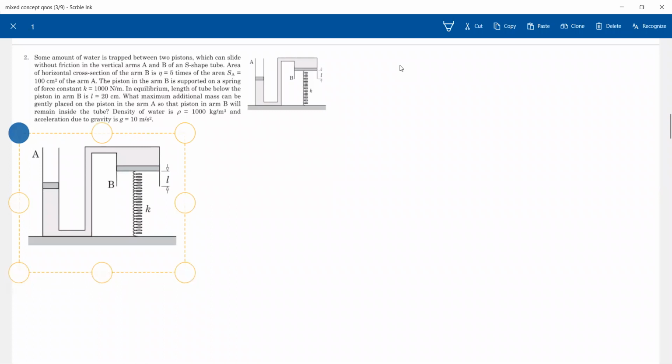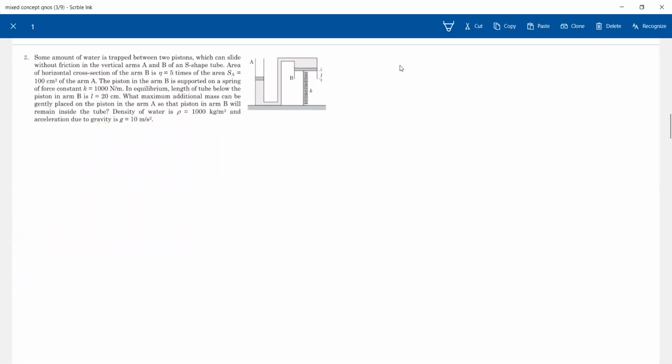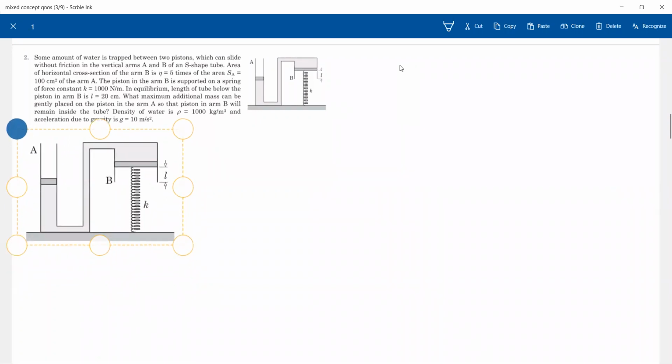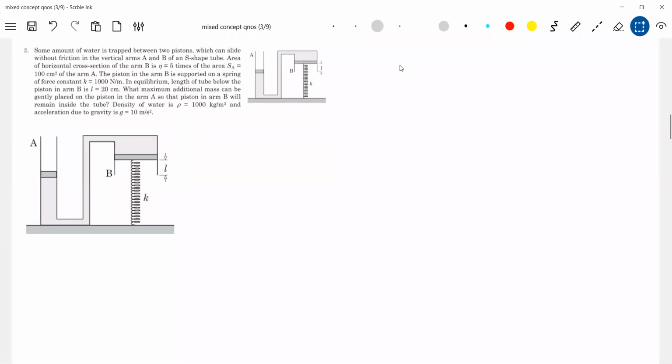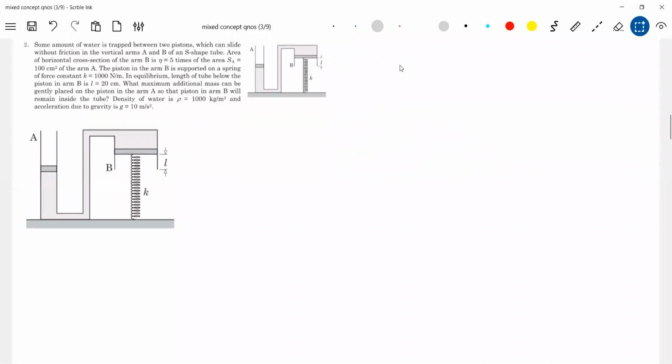Okay, there's the initial diagram. Again, a block is placed, no?